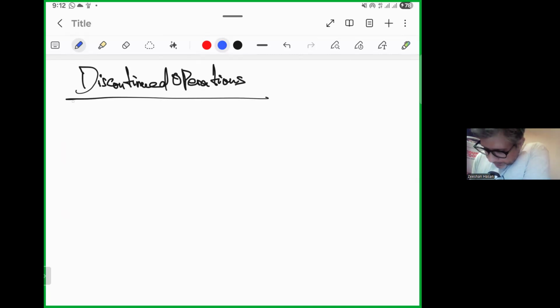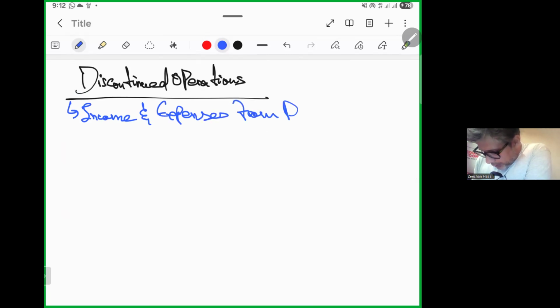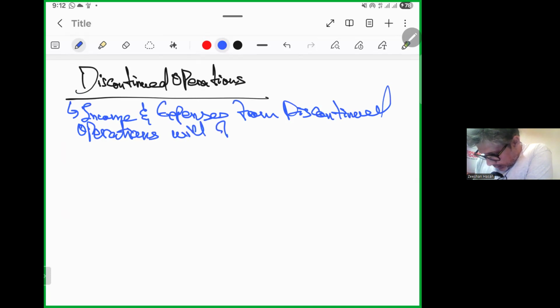So income and expenses from discontinued operations will be included in this category.